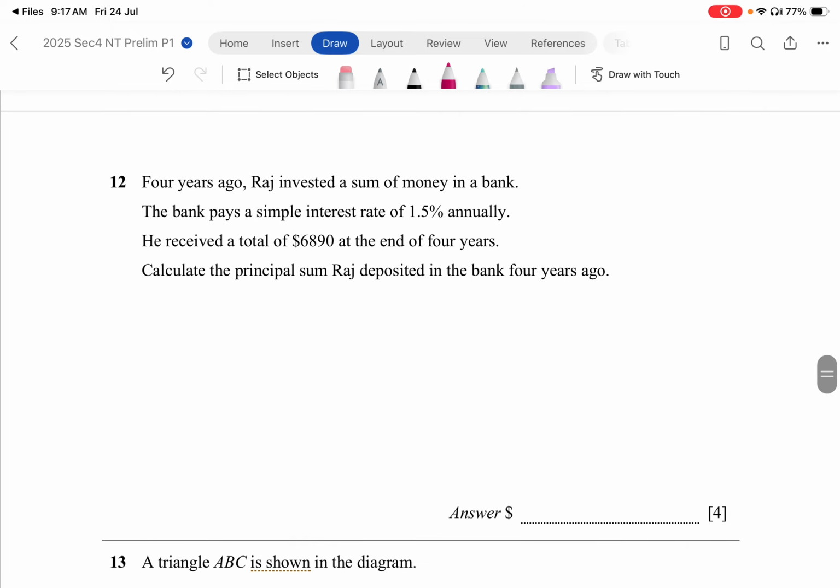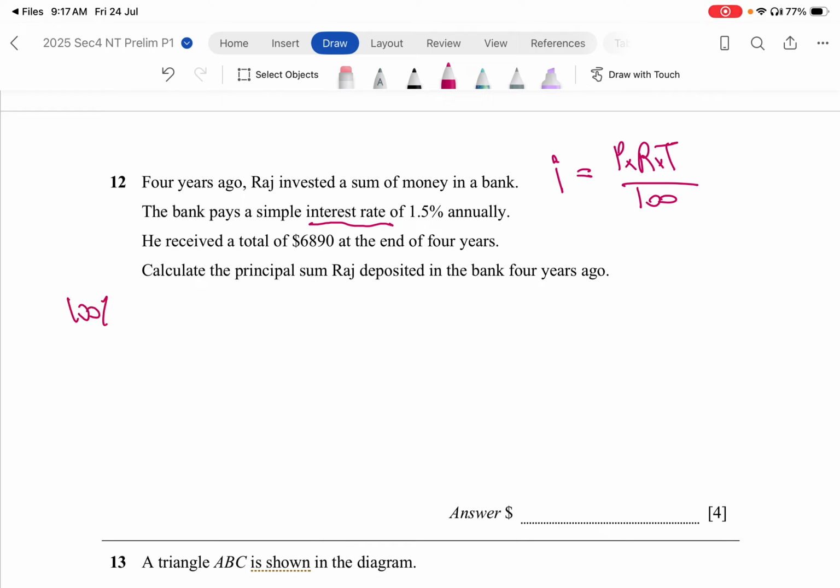The next one. This one is interesting. A lot of people can't do this question. So this one is simple interest. Simple interest, remember, is interest equals P times R times T over 100. 1.5% yearly. So he pays a total of 6890 at the end of 4 years. So just to recall what simple interest is: every year you get the same percentage, right?